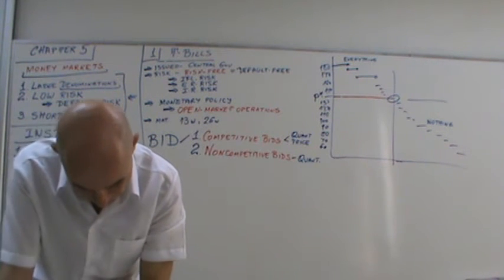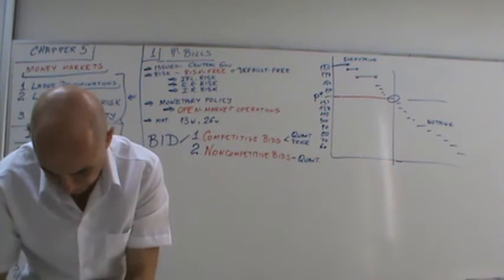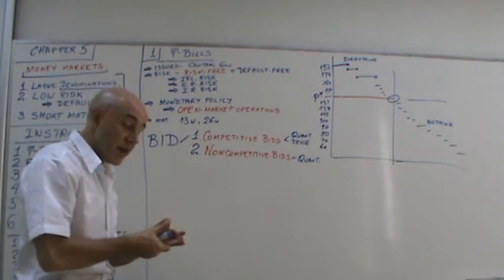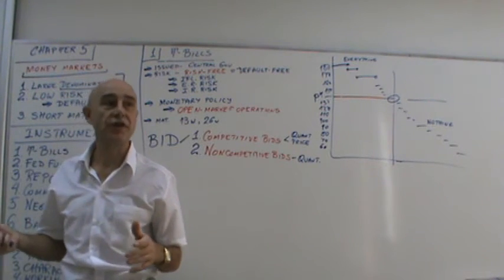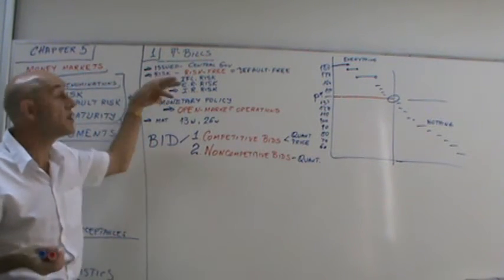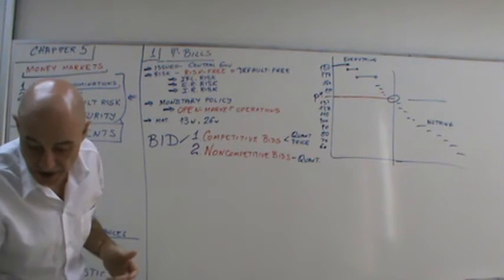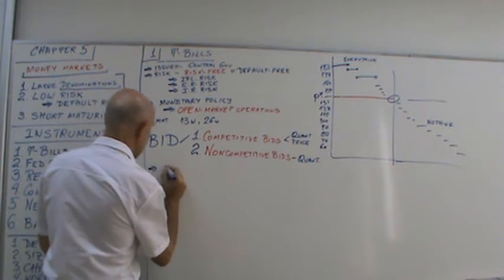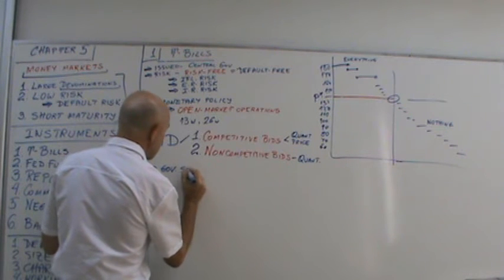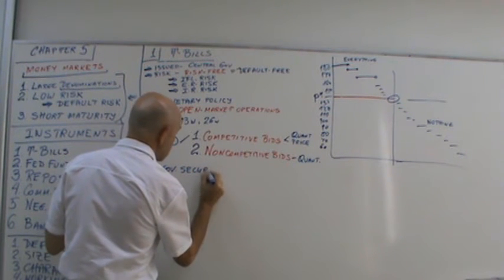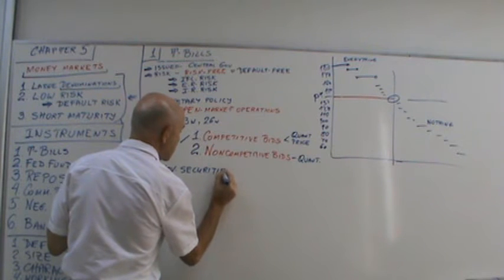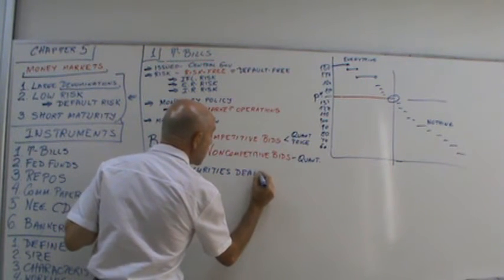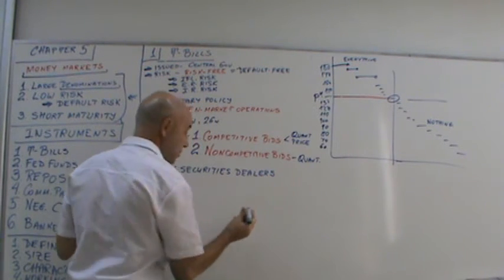Okay, let's see what else. Next one. For any country, for any financial system, T-bills will have dealers. And we just call these government securities dealers.